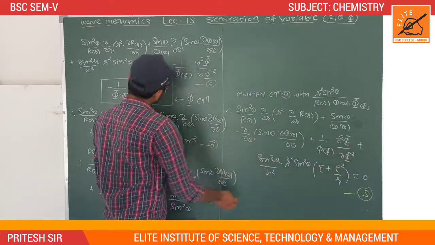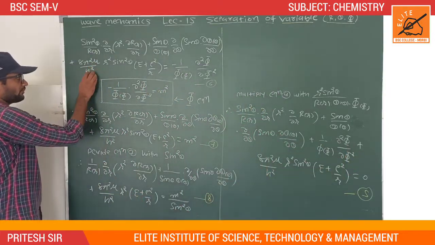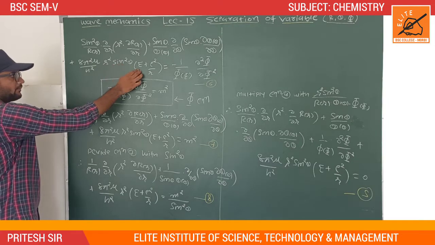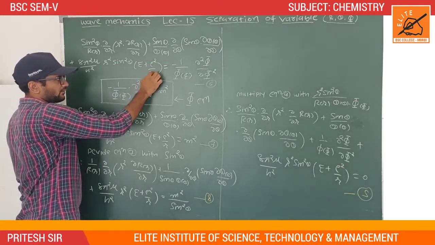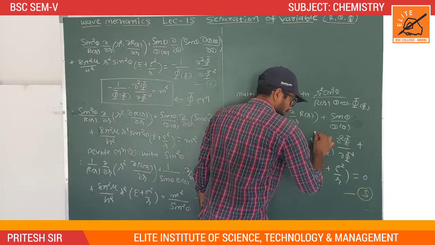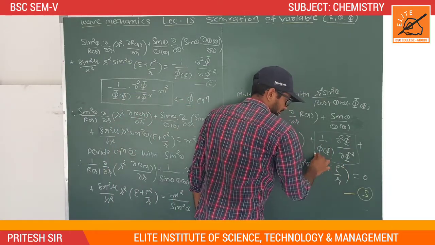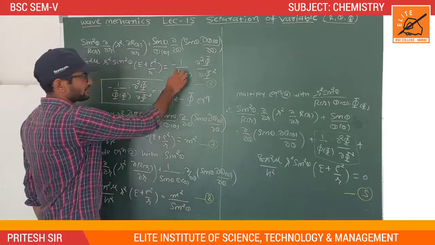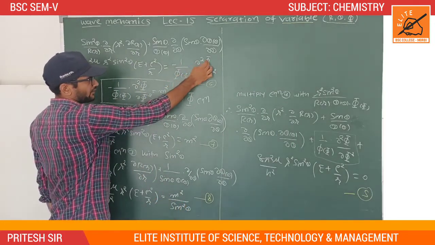Okay, so the remaining is plus 8π²μ/h² r² sin²θ (E + e²/r) is equal to minus 1/Φ(φ) ∂²Φ/∂φ².